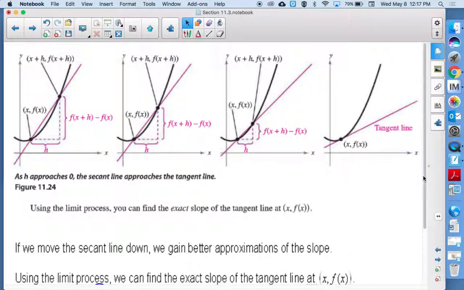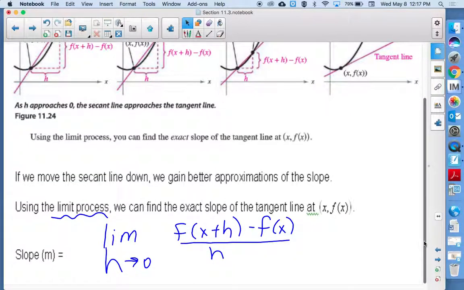So the only difference from a secant line to a tangent line is that the limit as h approaches 0 is part of the formula, because now the distance between my 2 points is no longer there. That's why we've been doing that limit as h approaches 0.